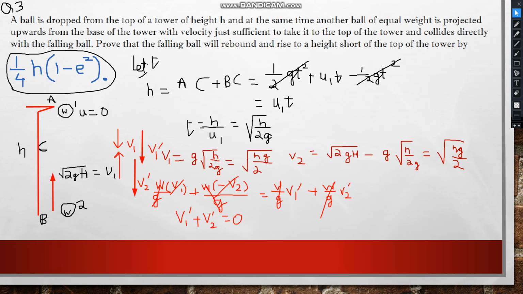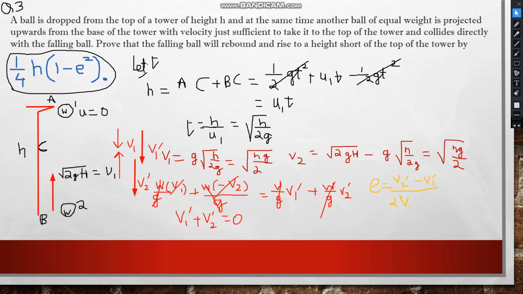Now let's apply the e formula. I am changing the color. e is equal to velocity of separation by velocity of approach, means v2 dash minus v1 dash by, what will be v to v. Let's say both of those were v, or 2v1, as I have written v1 there.